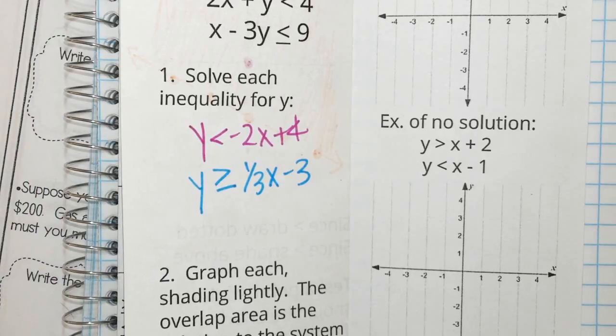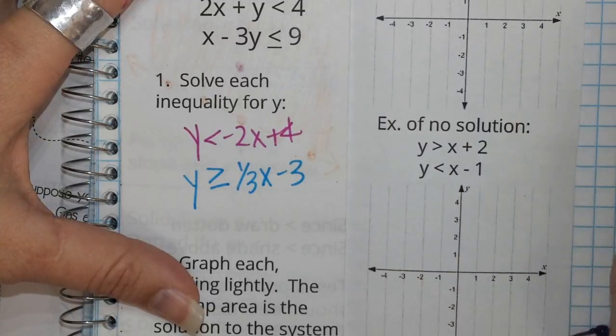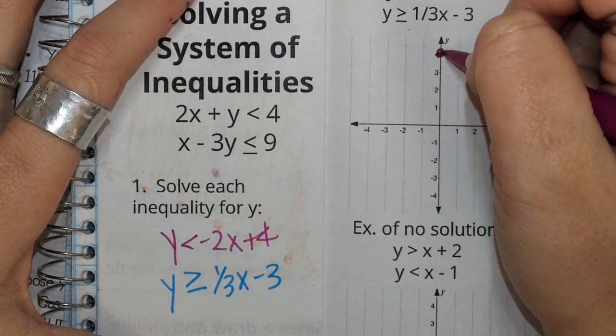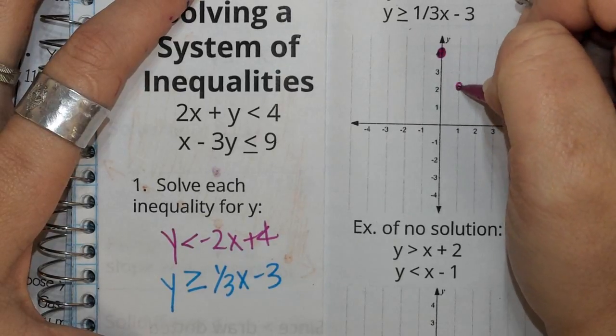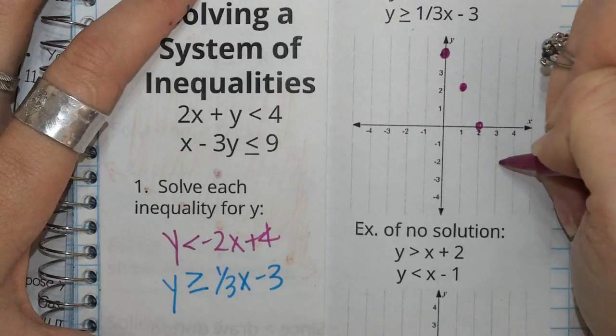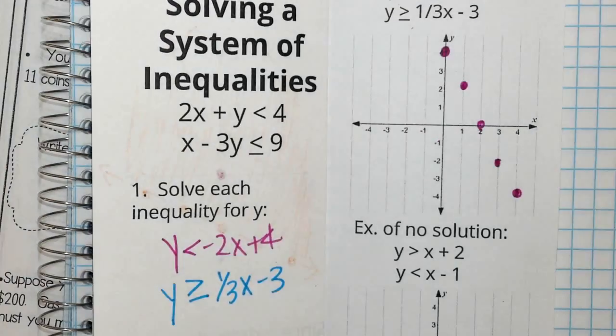Now, let's start with our pink line. It's y is less than negative 2x plus 4. So we're going to go up 4 first, correct? Yes. And then we're going to go down 2, right 1, down 2, right 1, down 2, right 1.